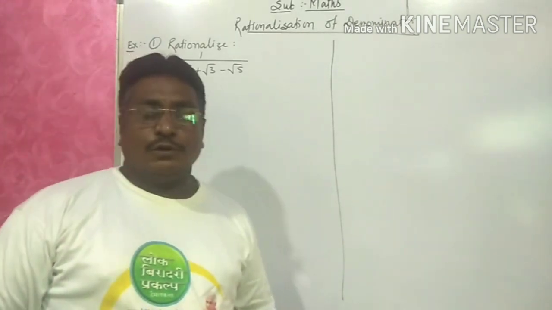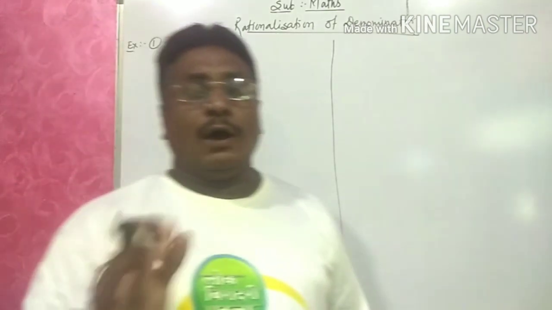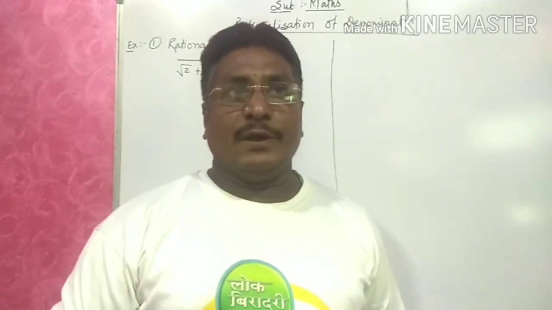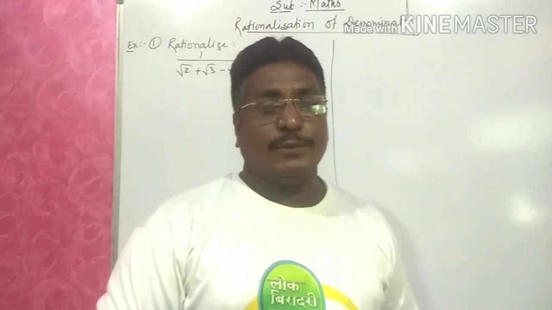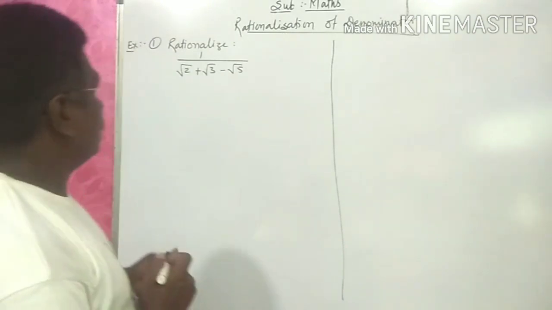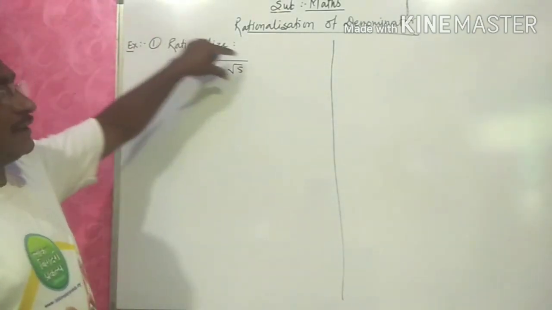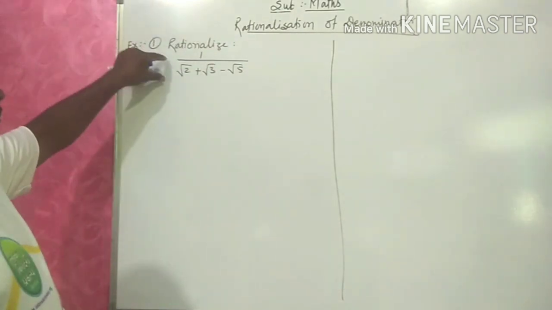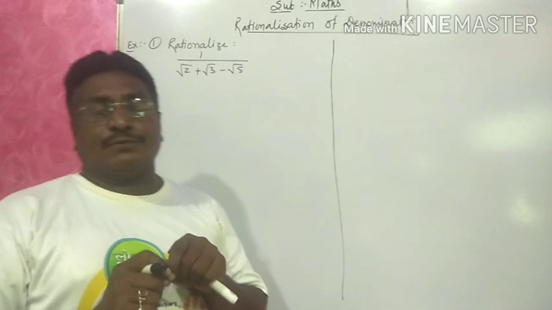So in the previous video we discussed monomial, how to rationalize, binomial, how to rationalize. Now today we will discuss how to rationalize the trinomial. So for rationalizing the trinomial, we have to make a group. So in the denominator, two terms we have to make.